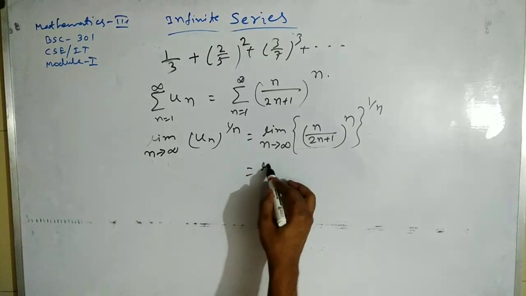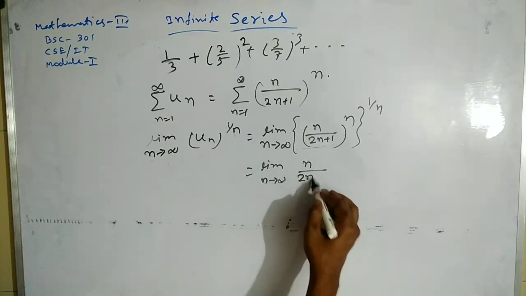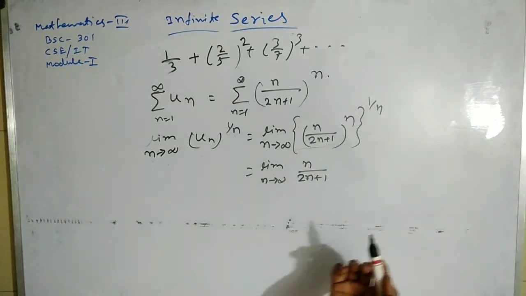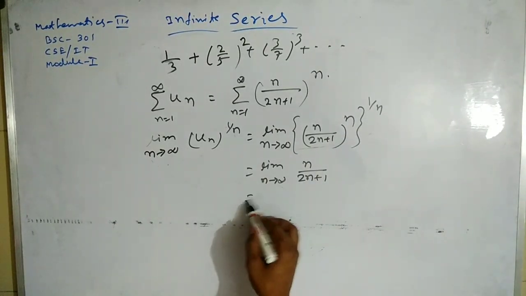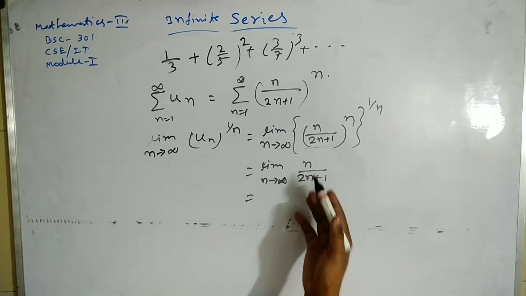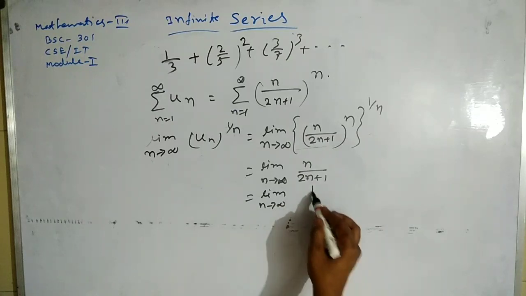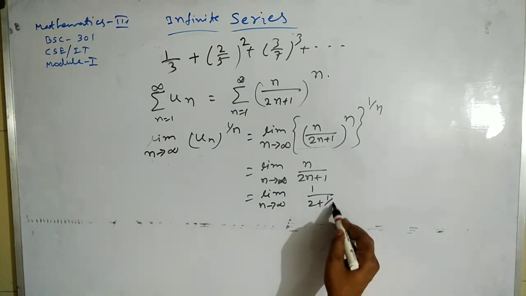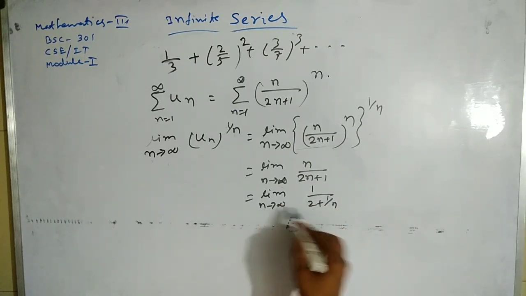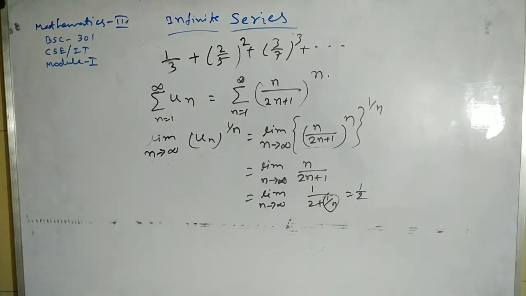So this will be limit n tends to infinity, n by 2n plus 1, the power n will be cancelled out. So we are dividing by n in the numerator and denominator. So this will be limit n tends to infinity 1 by 2 plus 1 by n, and since n is tending to infinity, this will be 0 and the result is half.